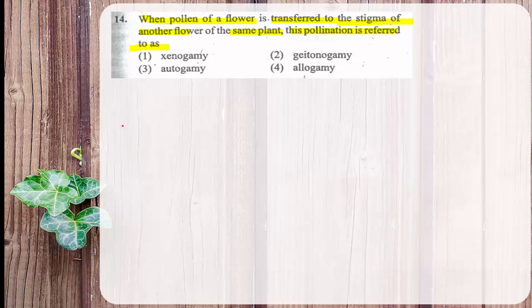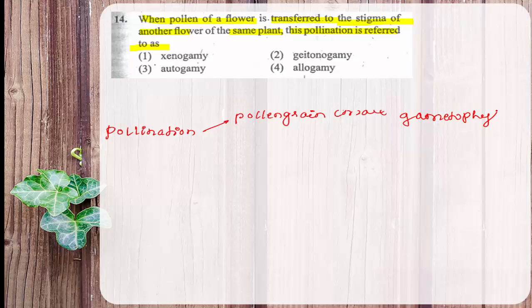See, pollination is a process, and during pollination the pollen grains, what is pollen grain? The pollen grain represents male gametophyte. The pollen grains are transferred to the stigma.